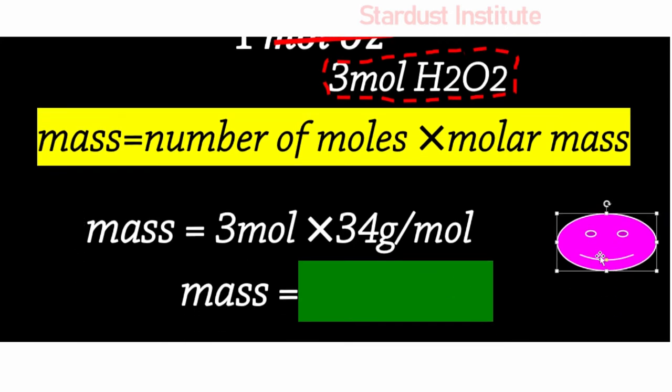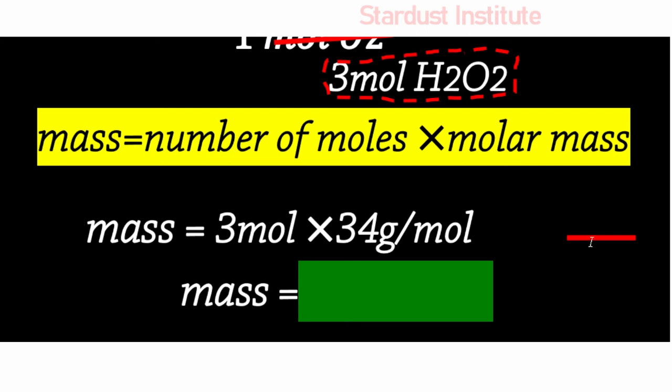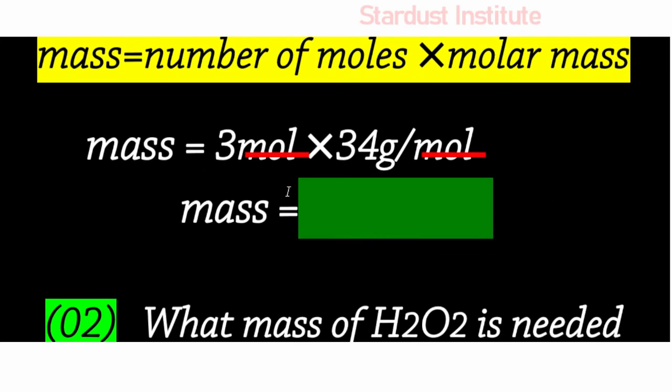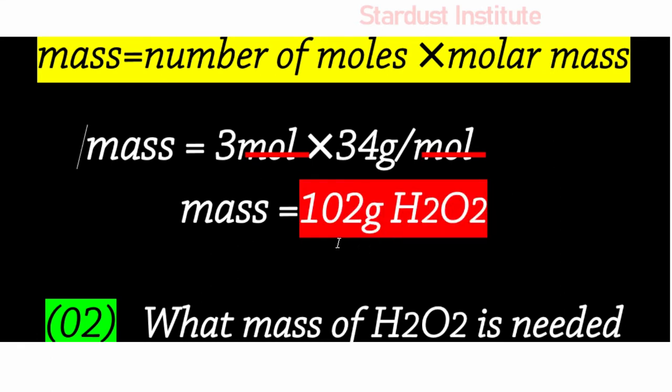We can cancel out mole. 3 times 34 gram, we get mass in grams 102 grams of hydrogen peroxide.